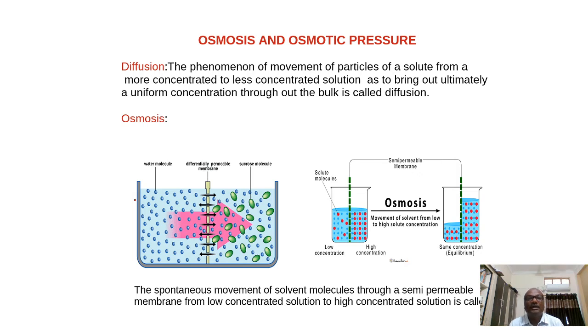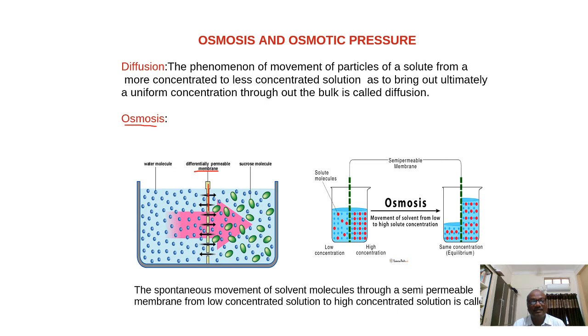Okay, so after having the clarity about diffusion, let me see the concept of osmosis. What is osmosis? In order to understand the concept, let me see this experiment. A container is there. It is divided into two parts by placing a semi-permeable membrane.